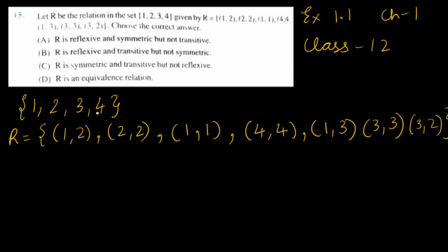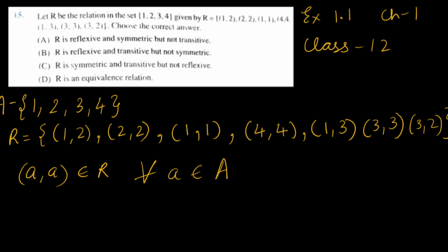Let's start first of all. Let's check for reflexive relation. We know the definition: (a, a) should belong to R for all a belongs to capital A. Small a means all elements, like here the elements are 1, 2, 3, 4, and capital A is the set.